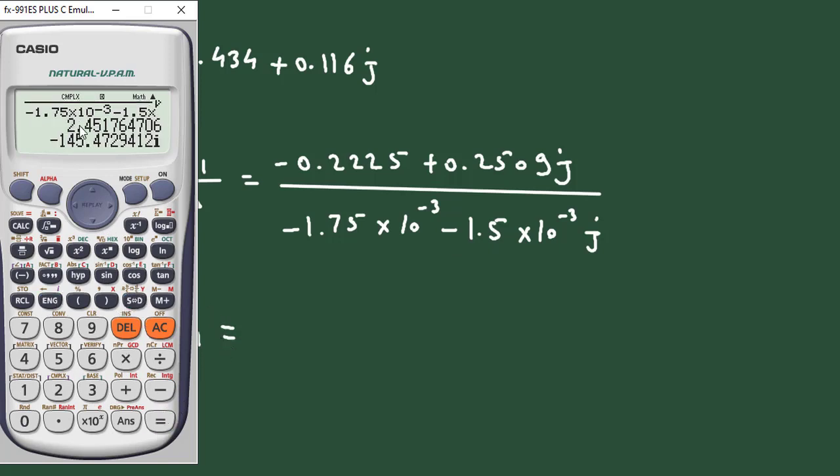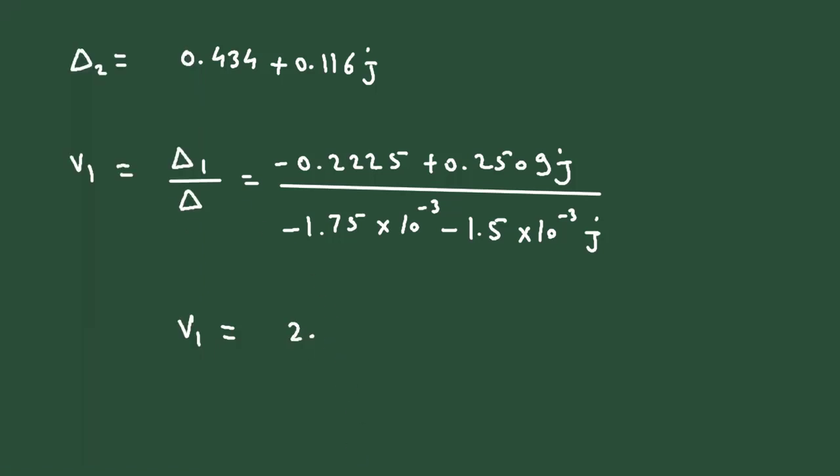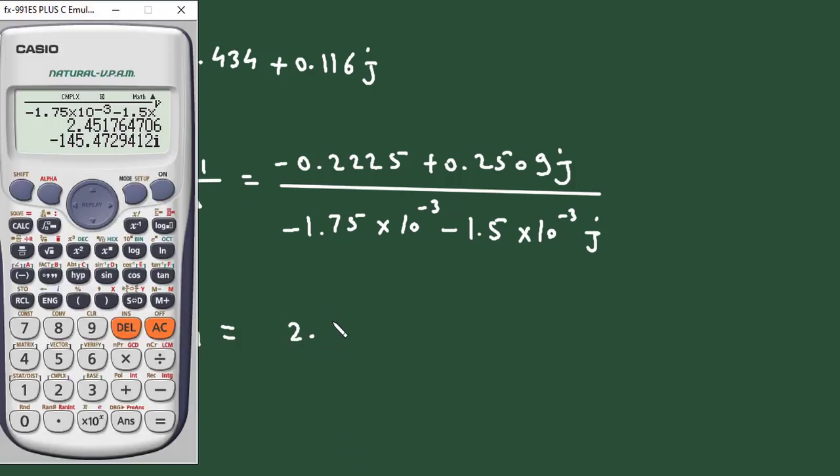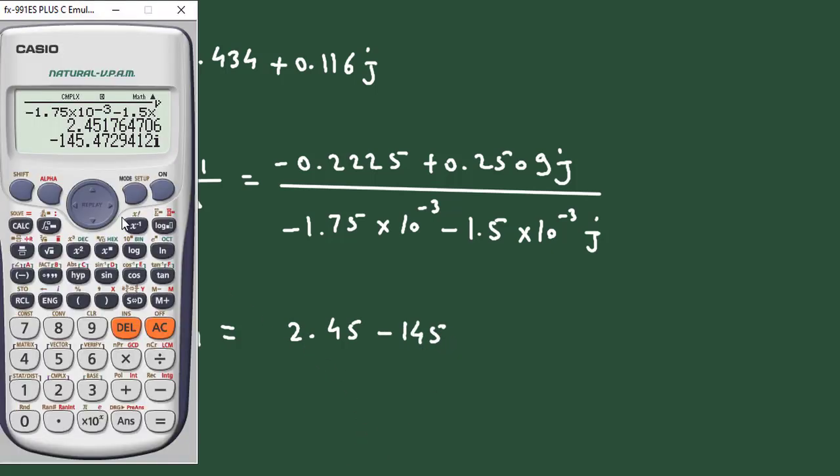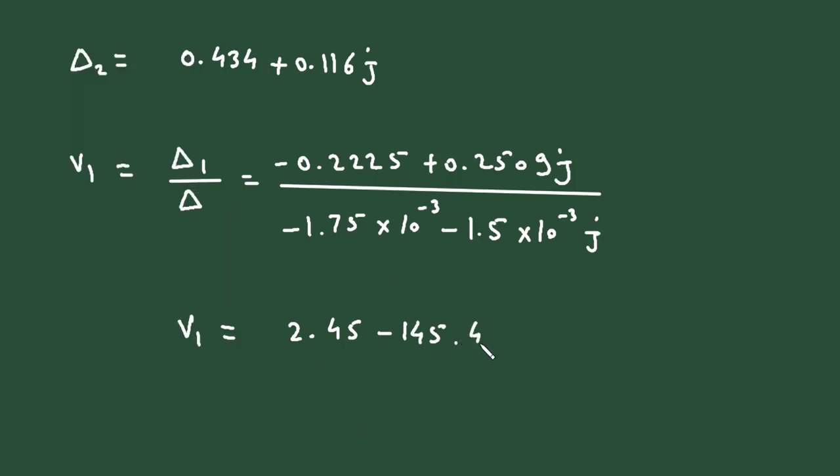So it is equal to this much, 2.25, 2.45, then minus 145.47 j. So this is the value of V1.